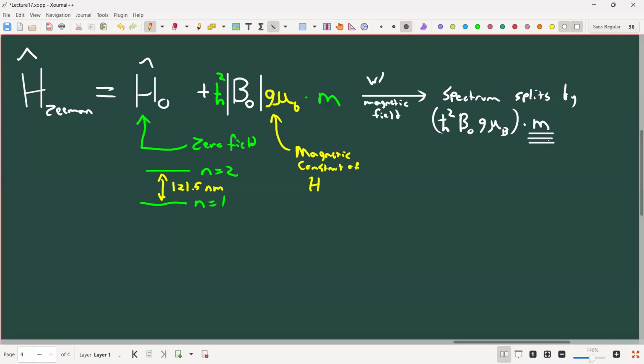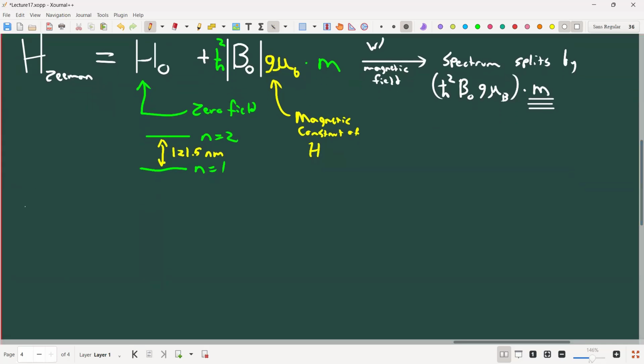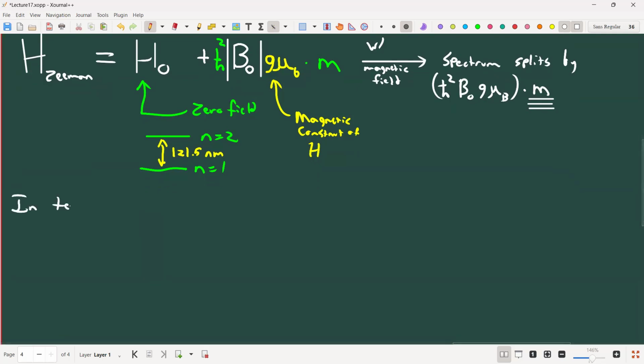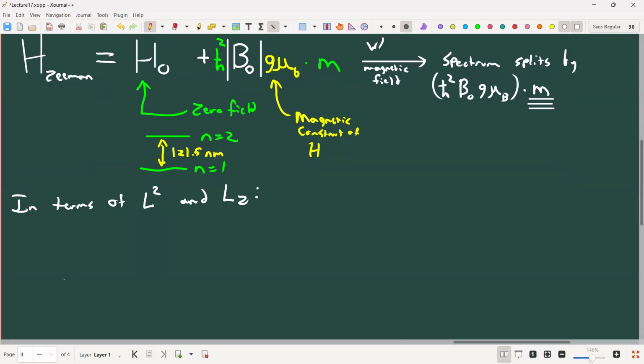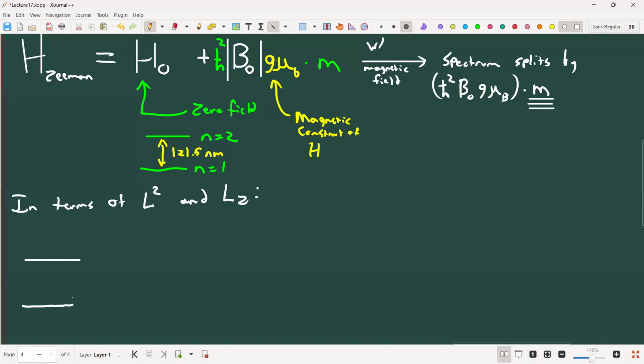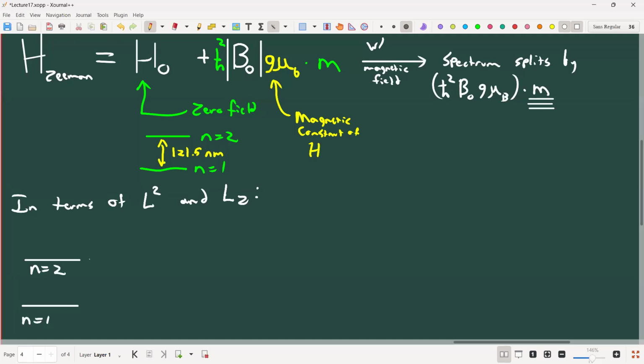Okay, so let's think a little bit about the energy level structure of hydrogen and its angular momentum, in terms of L squared and M sub L, or L squared and L sub Z. We first start with two states, n equals 1 and n equals 2.